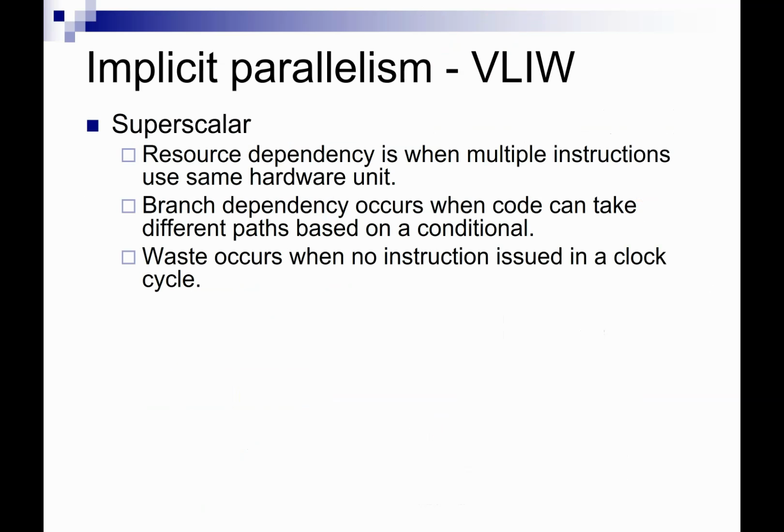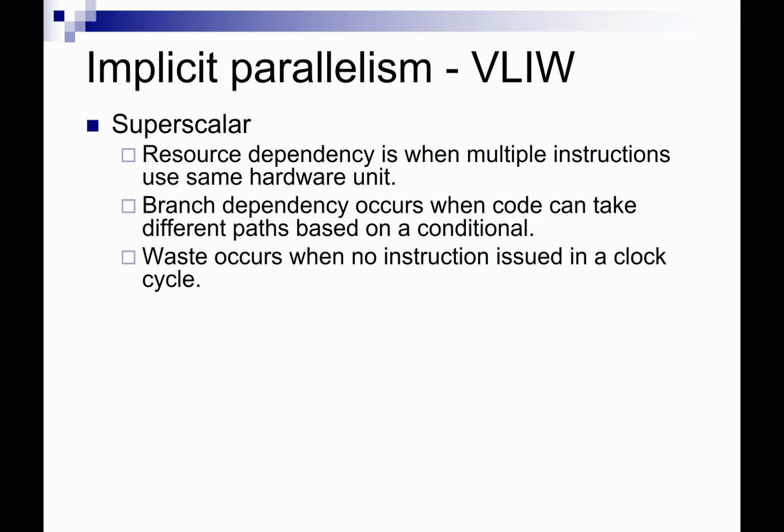So I'll talk about one last type of parallelism, which is VLIW parallelism. The first part of this is just summarizing what we talked about on the previous slide. You have a resource dependency when multiple instructions are going to use the same hardware unit.